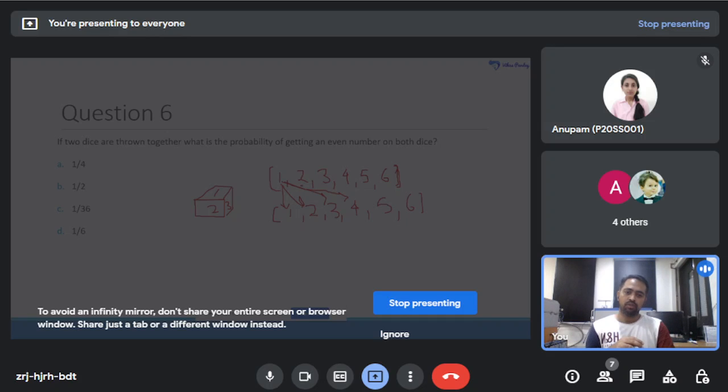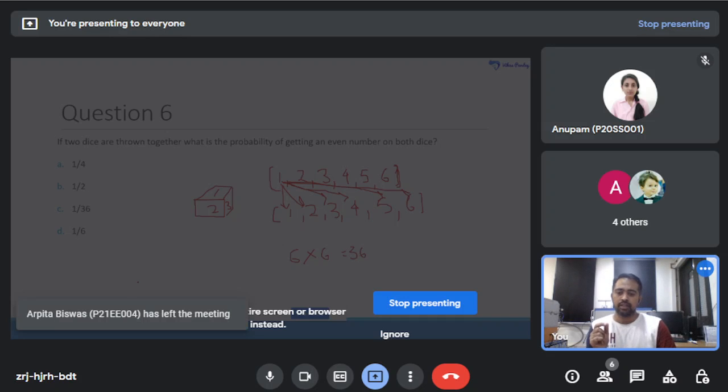Like that, 1, 4, 1, 5, 1, 6. So 6 options here. Similarly for the others, so total 6 multiplied by 6, that is 36 options. The sample space is generally denoted by curly brackets.